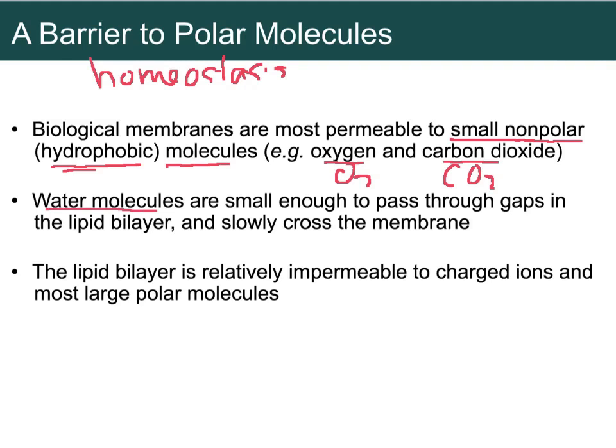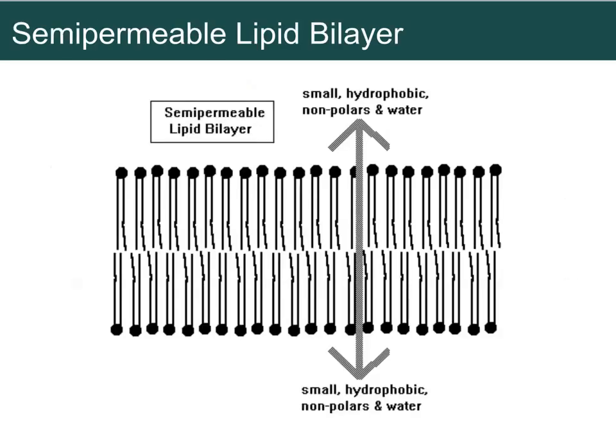What can't go through are charged ions and large molecules, things that are large and polar. Those are stuck on the outside. Here's a diagram that helps you see that. Anything that's small, hydrophobic, nonpolar, or water can usually go in and out of the cell pretty freely through the membrane.